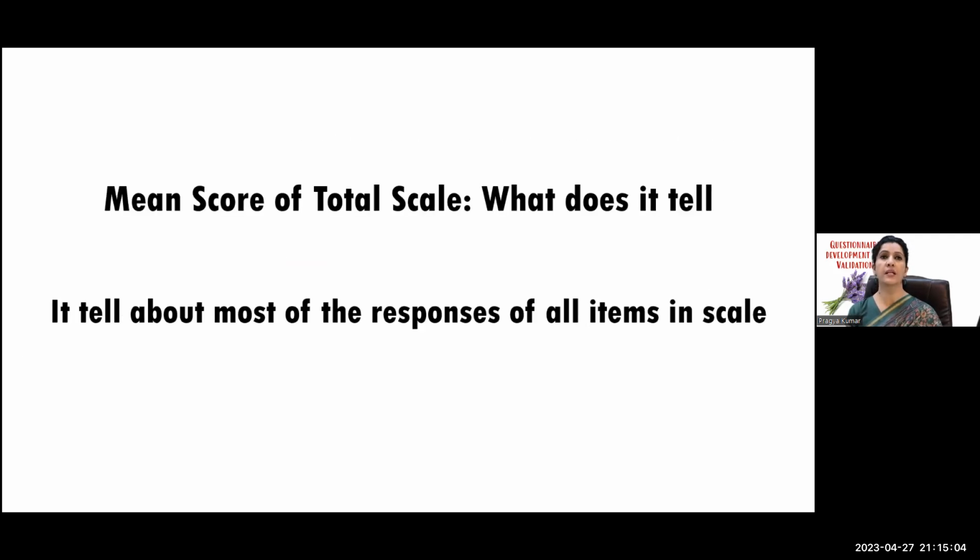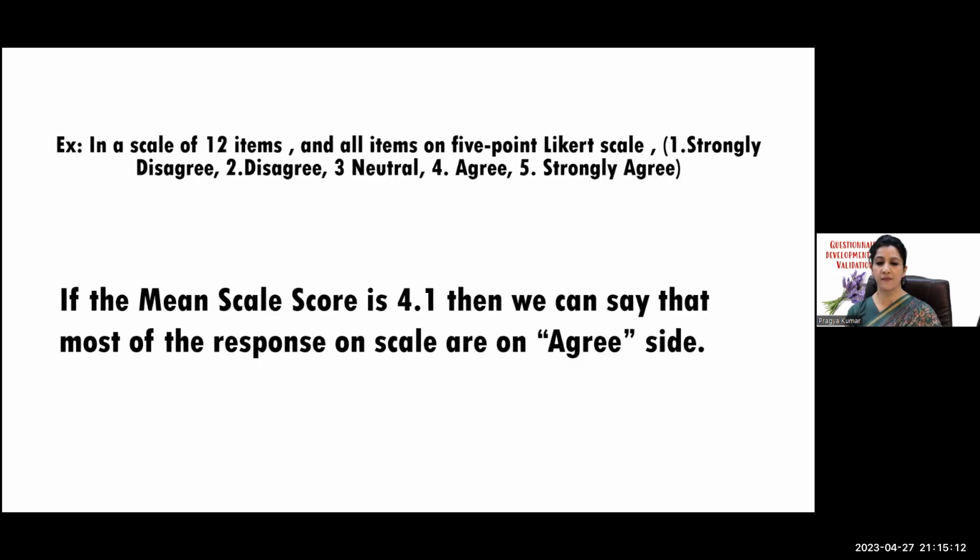Now, what is the mean score of the total scale? The mean score of the total scale tells us about most of the responses across all items in a scale. If a scale has 12 items, all on a 5-point scale, where 1 is strongly disagree, 2 disagree, 3 neutral, 4 agree, and 5 strongly agree, and the mean scale score is 4.1, what can we say? 4 is for agree, so most of the responses on the scale are towards the agree side.